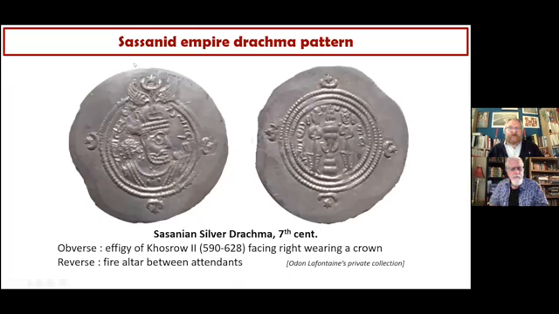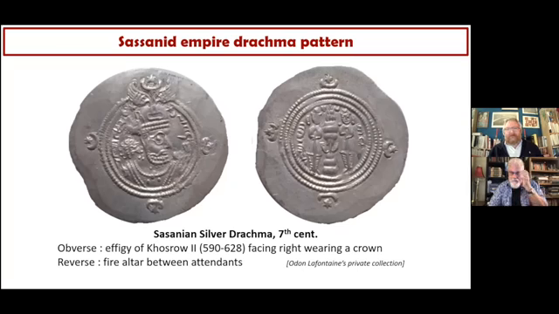Let's go to the former Sassanid Empire. This is a drachma from the beginning of the 7th century. This is exactly this coin here from my very own collection. So this is why the photo is not very good. You see, nowadays, there are tens of websites on which you can buy coins.